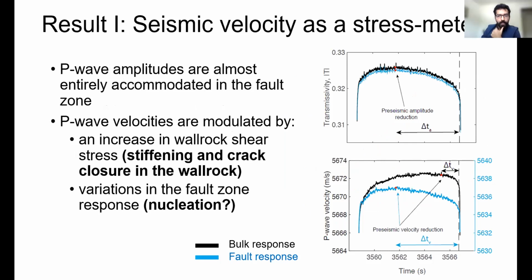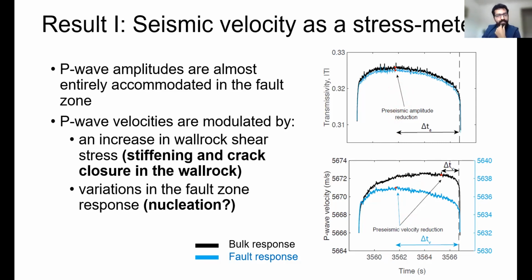Okay. Finally, now we can see the result of the two sets of complementary experiments. The top plot shows the P wave amplitude, I normalize it and call it transmissivity, versus time, and the bottom plot has the P wave velocity versus time. Now, remember, the deep blue lines are the fault zone response only after the calibration exercise, whereas the black lines are the raw data from the friction experiment.